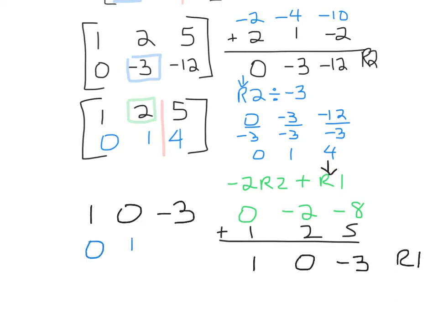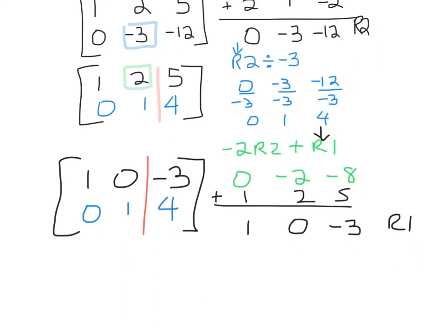My row 2 stayed the same. Notice I have it in the identity. The numbers over here, this is X, this is Y. You write it as an ordered pair, -3, 4, and you're done.